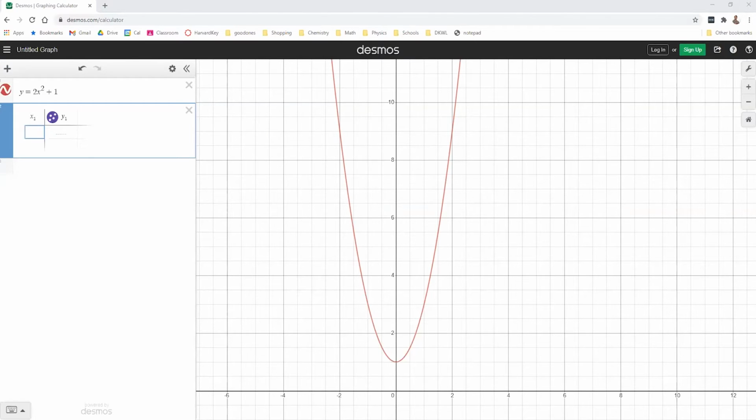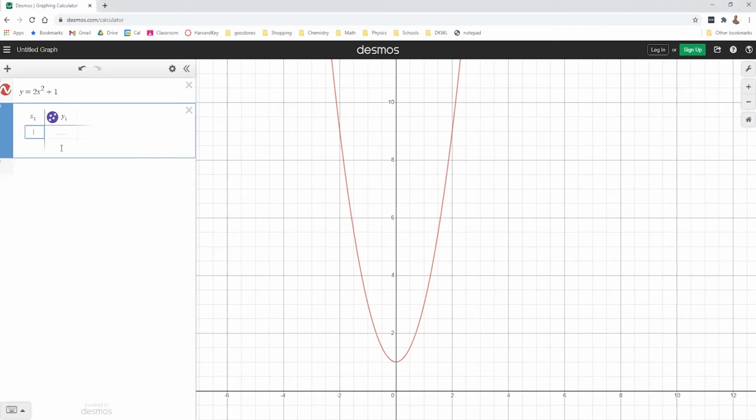Then we put y in place of that, and we would see, when x is 1, y is 3. When x is 2, y is going to be 9. When x is 3, y is going to be what? Can you calculate it? Tell me what it will be. In the original one, y is equal to 2x squared plus 1. 19. Very good. Yeah, so that's a relation that we have, and we would usually plot it.